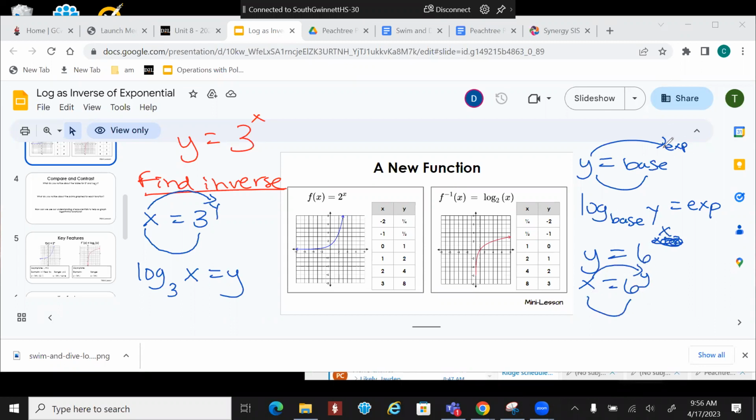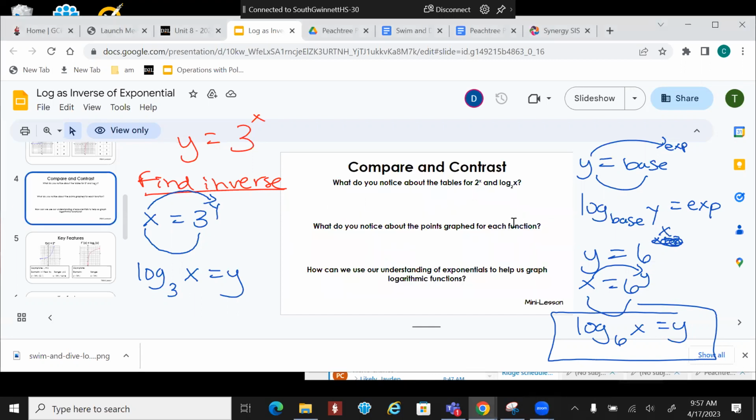If you just used this thing up here, that probably didn't work because you have to first switch your x and y. Okay, then that's going to give me log of base 6 of x equals y. And that will be your inverse. Okay, so if I just say, hey, go from exponential to log, that's where you'll use this. If I said find the inverse, that's when you have to switch your x and y. Okay.